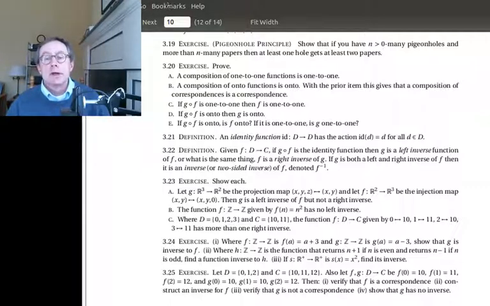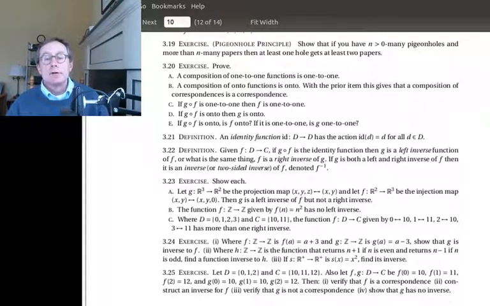So these two things somehow cancel each other out. But there's a little trick there. It says left inverse, right inverse. So if G circle F is the identity function, then G is called a left inverse of F. That's a clue that there's something a little tricky here, that something can happen on one side that doesn't happen on the other side. And indeed, you'll see that in these exercises.